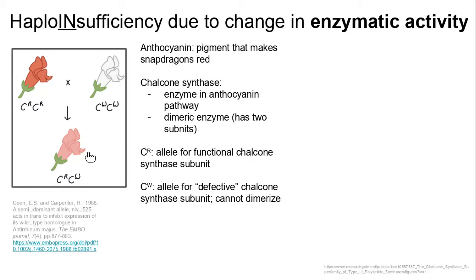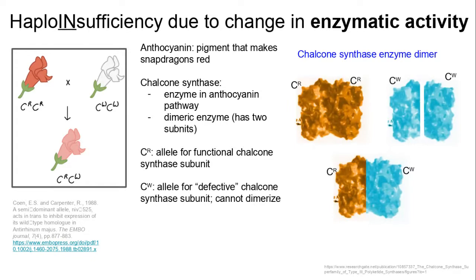You could think about it as a monomeric enzyme, as in not as many proteins made. But in this case, there's another wrinkle, that is the fact that the enzyme has two subunits. So here's the picture of the chalcone synthase. Let's say that the yellow one is the one that works.